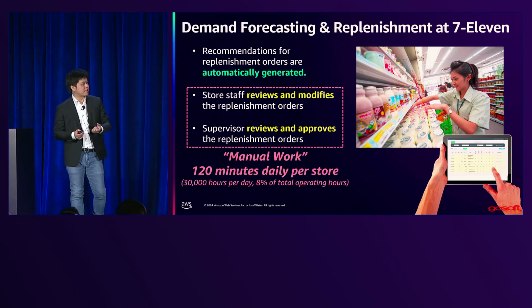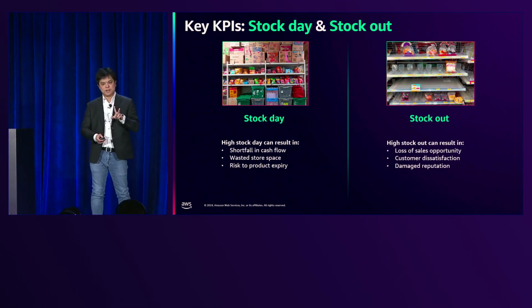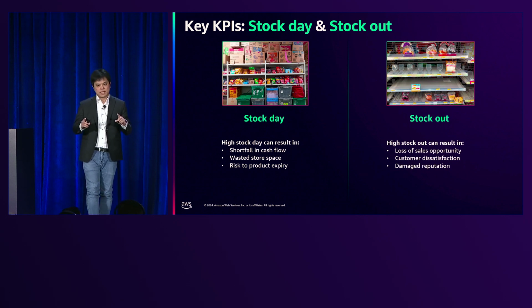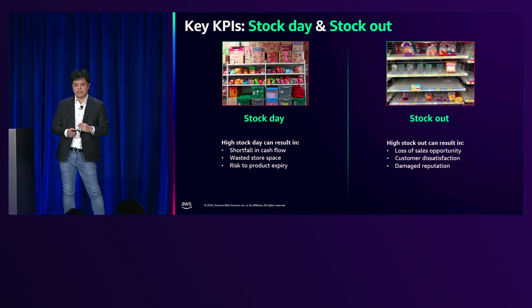In terms of measurement, there are 2 key KPIs for our project: the stock day and stock out. Stock day indicates the duration of a particular product in the current inventory. High stock day means you are wasting inventory space and your products are likely to expire before they can be sold, right?